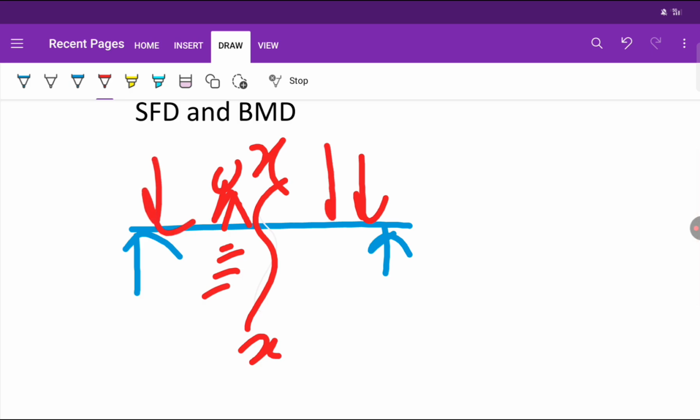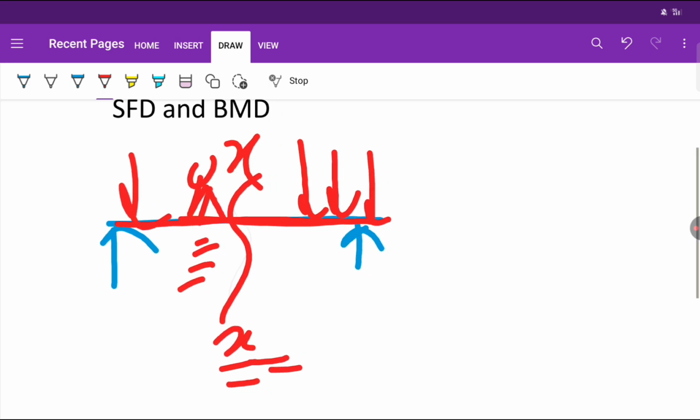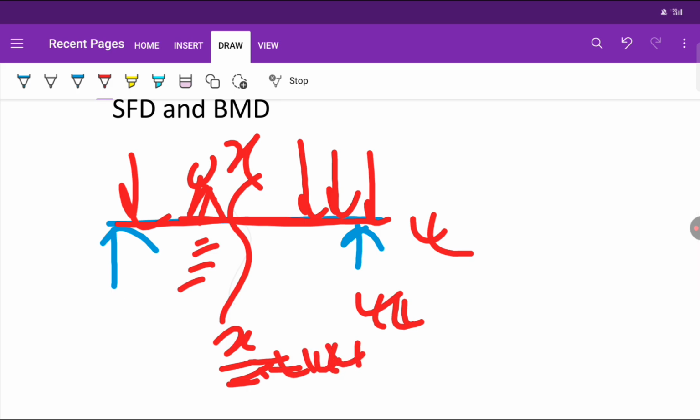Whatever the shear force available on either side of this section, if I sum up those shear forces, then this is called our shear force. The same thing applies to the bending moment also. Whatever the bending moment is available on either side of the section, if I take the algebraic sum of those bending moments, then it will be called the bending moment.